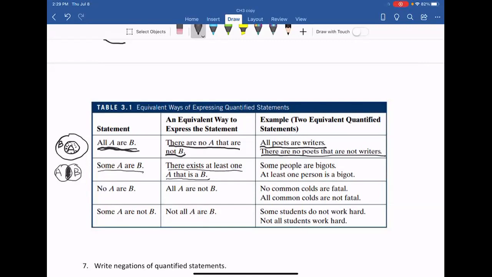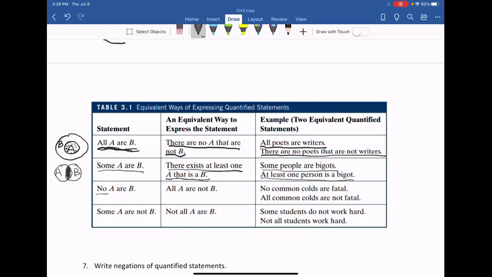So we say there exists at least one A that is B. The example: some people are bigots is equivalent to at least one person is a bigot.